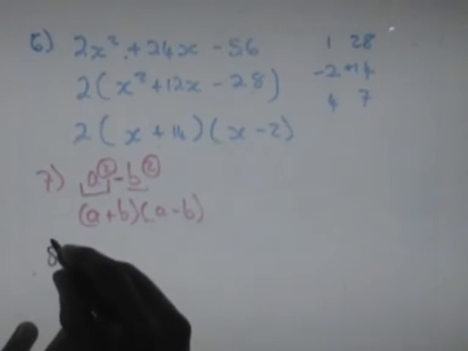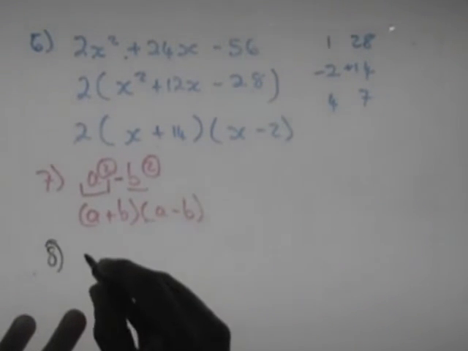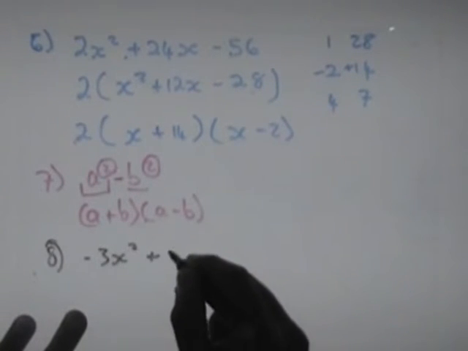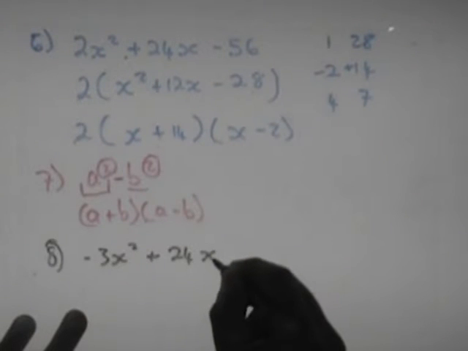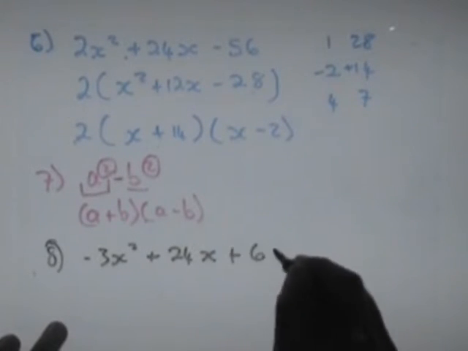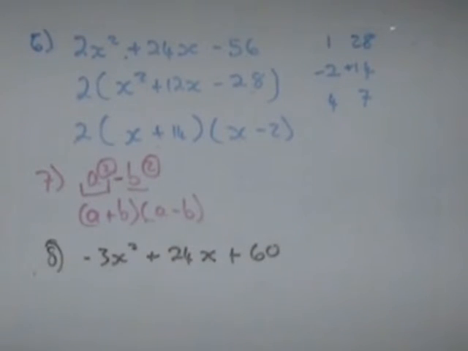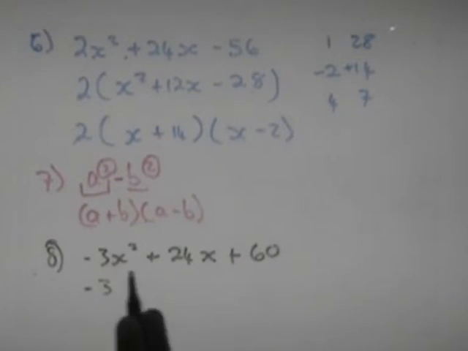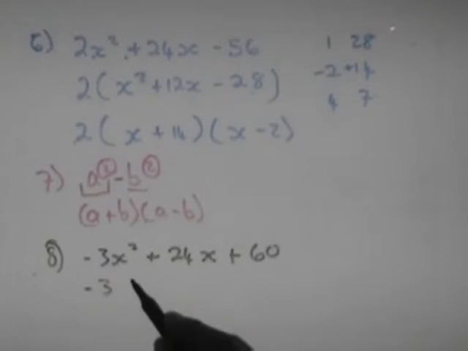Number 8, read minus 3x squared plus 24x plus 60. Again, take out a common factor. I'm going to take out a common factor of negative 3. Not only 3 goes into all of them, but doesn't a negative 3 also go in?